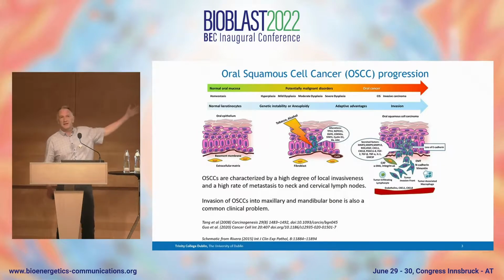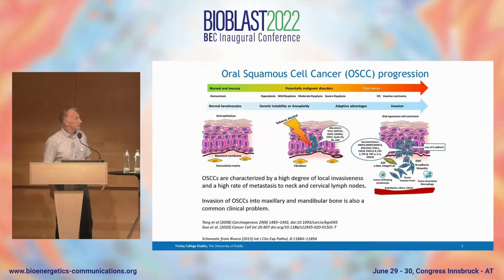When the protagonists, such as tobacco or excess alcohol, persistently attack normal keratinocytes in your tongue, for instance, you can develop hyperplasia, mild dysplasia, all the way up to severe dysplasia. You might get alterations in procancerous elements, and that can then develop into full cancer.